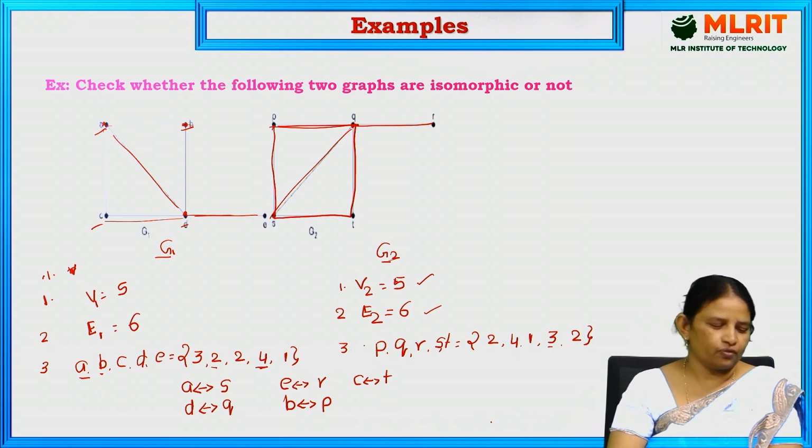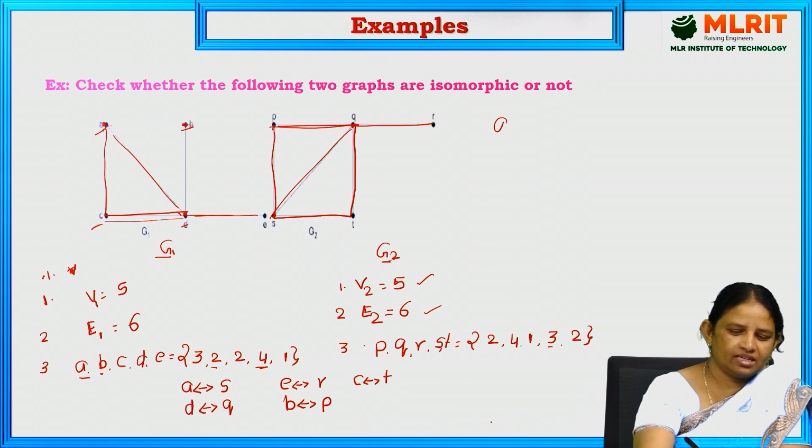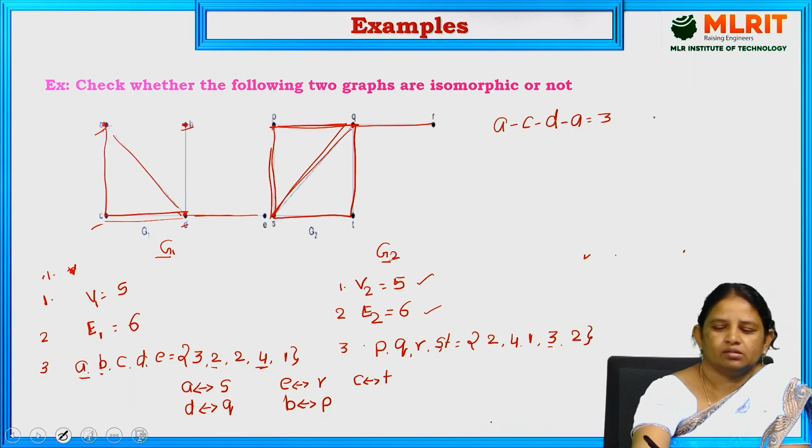Next, we need to find the cycles. One cycle is A, C, D, A, which has length 3. Here also P, Q, S, P is length 3.